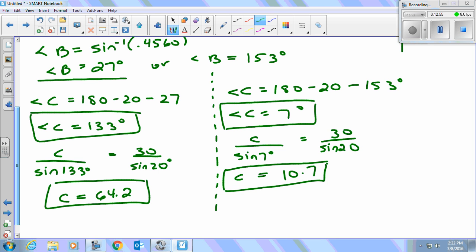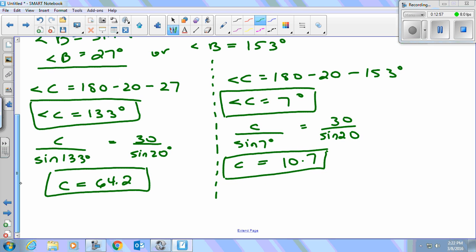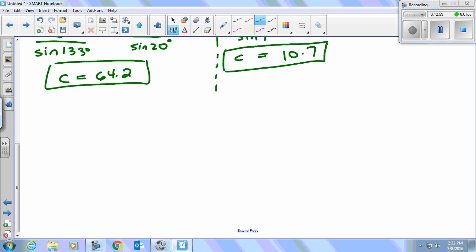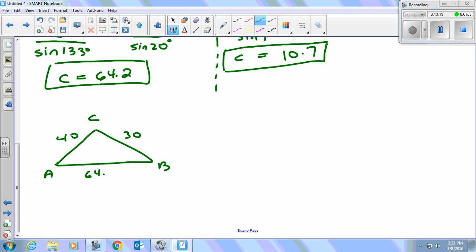Okay, so if I were to make a little sketch of those, I'm going to just try to do this roughly here. In this case, A is 30, B is 40, and C is 64.2, and angle C is 133.